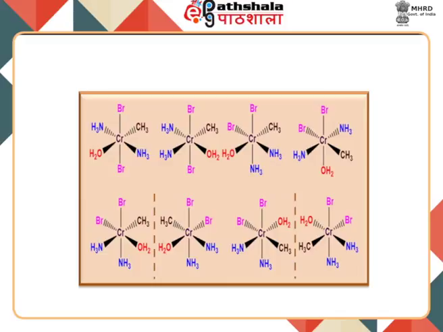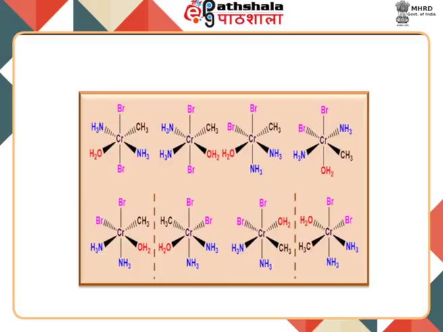For drawing stereoisomers, we will first fix the position of at least 2 of the ligands attached and then rotate the other ligands one by one. In this complex, we will fix the 2 bromine ligands on the trans position and then arrange the other ligands trans to each other.